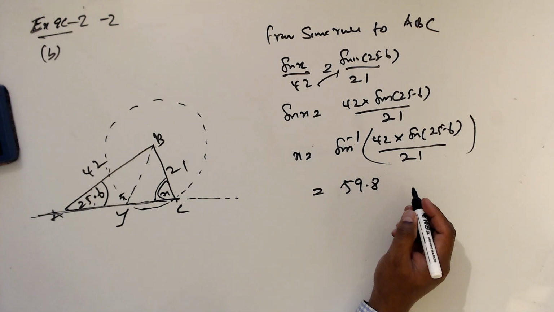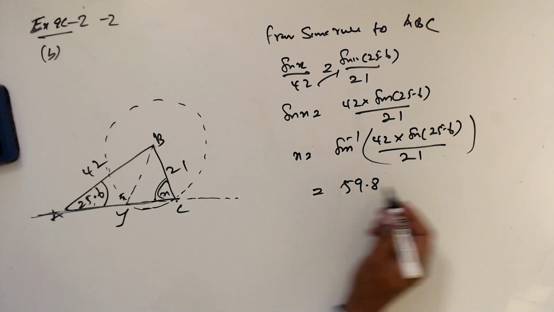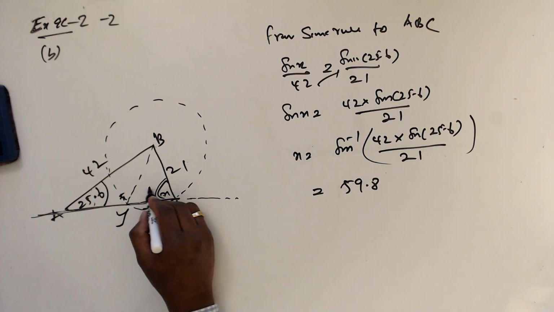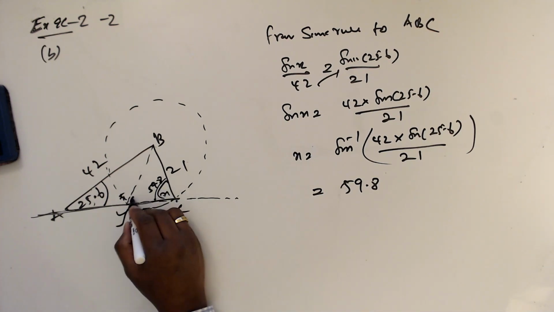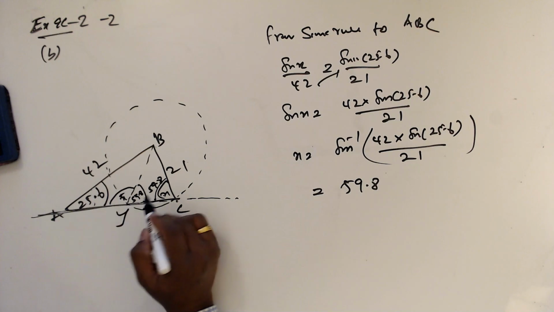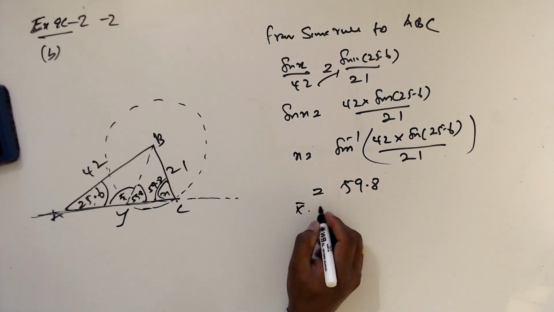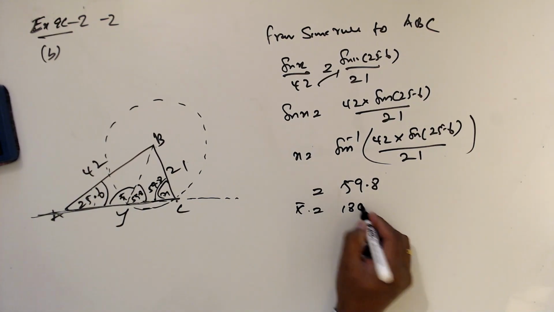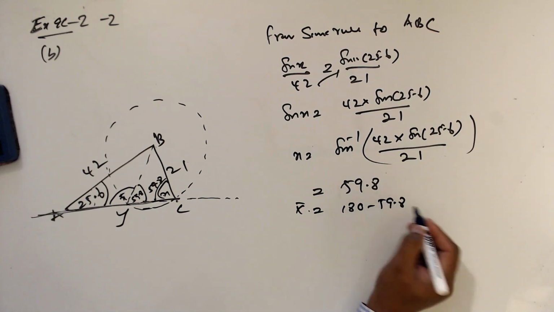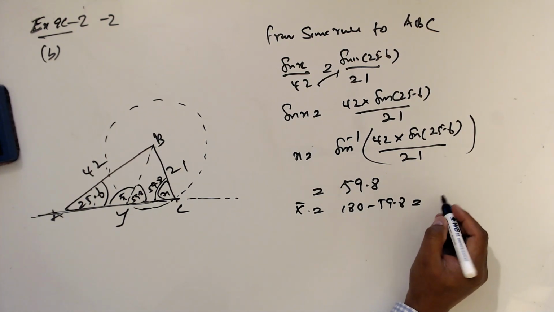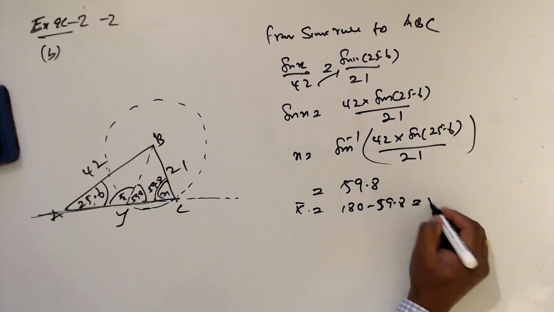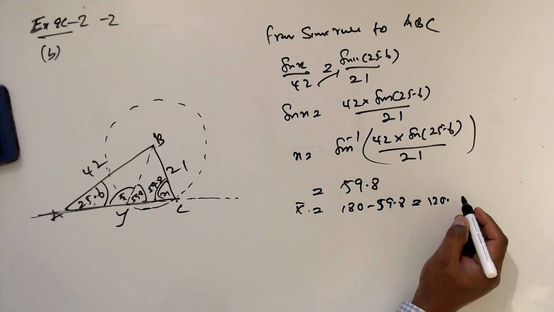Then we found the small angle, 59.8. Then this is also 59.8, and this one is 180. Then x bar is 180 minus 59.8, which is 120.2.